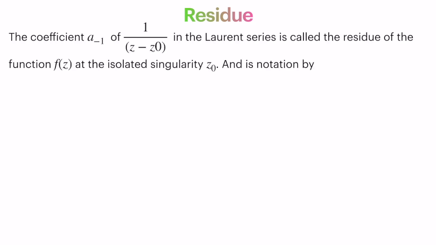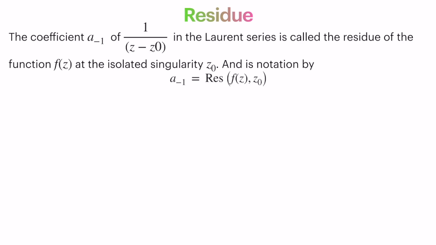Okay, we had a good marathon with the singularities. Let's look at what is called the residue. The residue is a specific coefficient of a Laurent series, that is the coefficient a minus 1 of the form 1 by z minus z naught. It is what we call the residue of a function f of z for an isolated singularity at z equal to z naught.